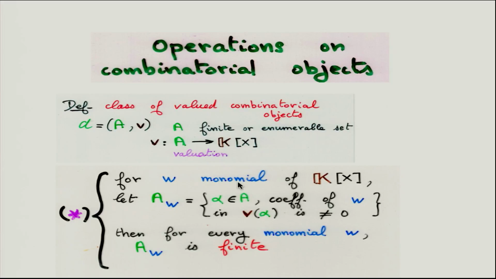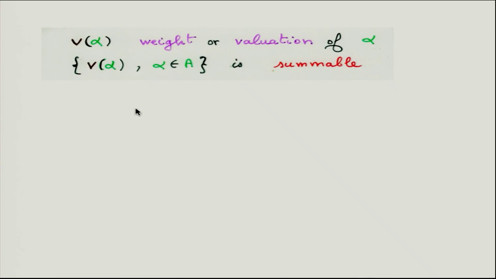Instead of taking the monomial to be only t to the power k, I take a monomial to be any polynomial in several variables with coefficients in K. So this set A index W is all the objects which contribute to the coefficient of W. The weight can be a sum of monomials. It can be q to the power 3 plus q to the power 5. But the ones which contribute to W must be finite.